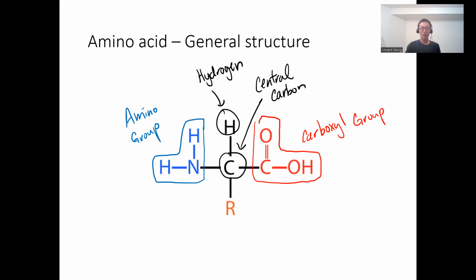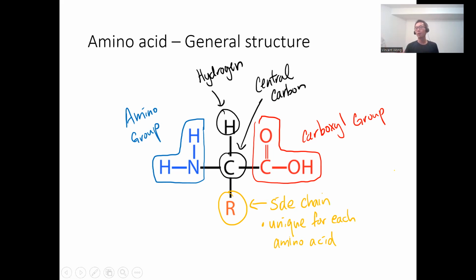Okay, so this R group is called a side chain. Side chain. Okay, so this is unique for each amino acid. All right, it gives them different properties. Right? It makes them different from each other.